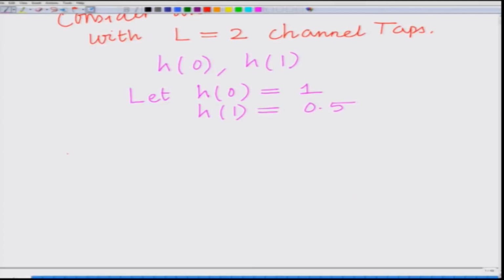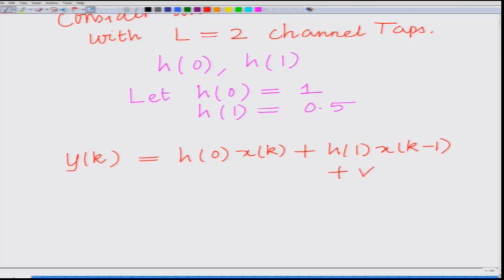Now our system model, the received symbol Yk, equals H0 times Xk plus H1 times Xk minus 1 plus Vk.